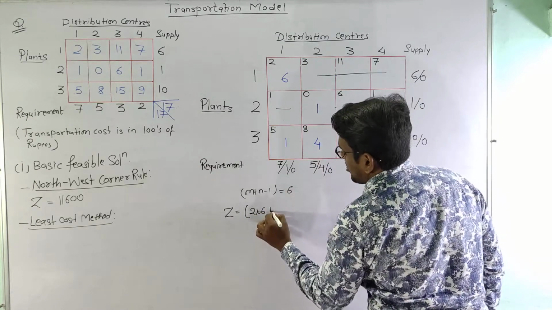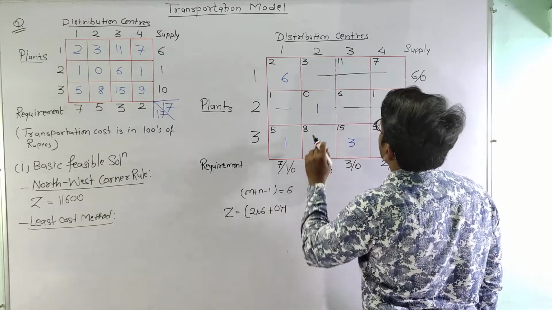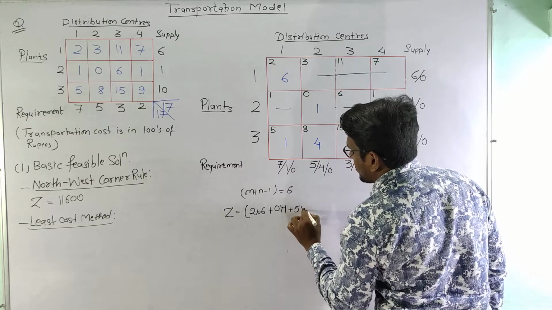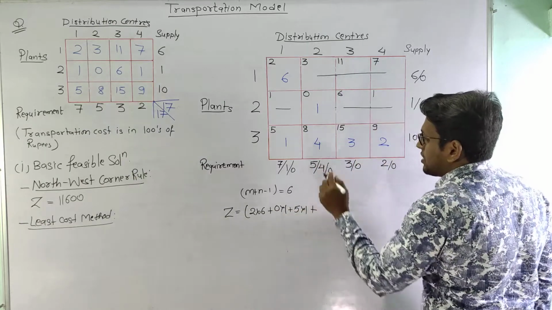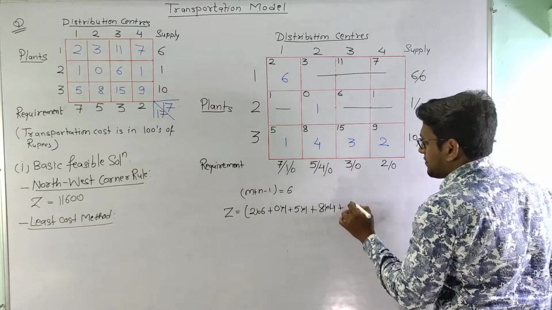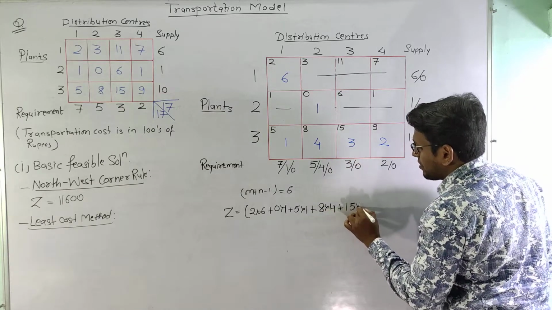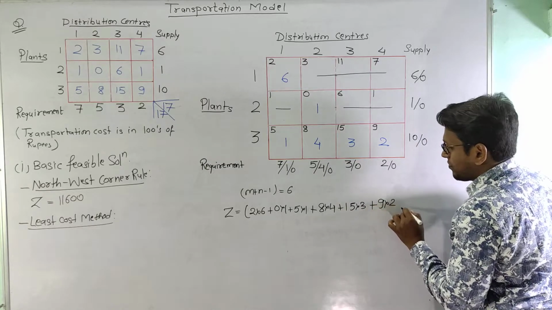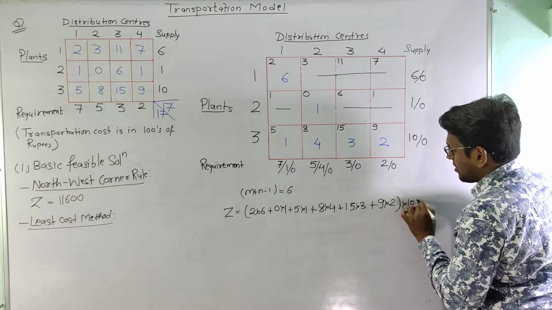Similarly, plus 0 into 1, plus 5 into 1, plus 5 into 1, plus 8 into 4, plus 15 into 3, plus 9 into 2, multiplied by 100.